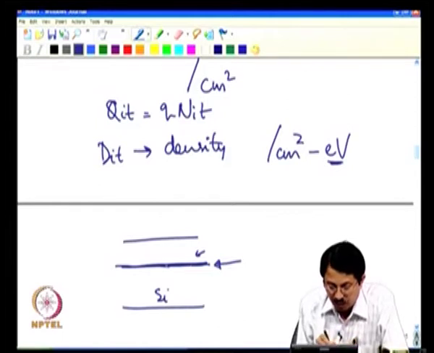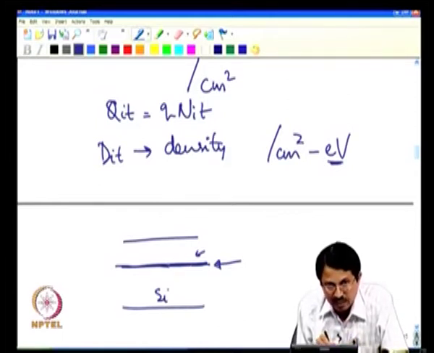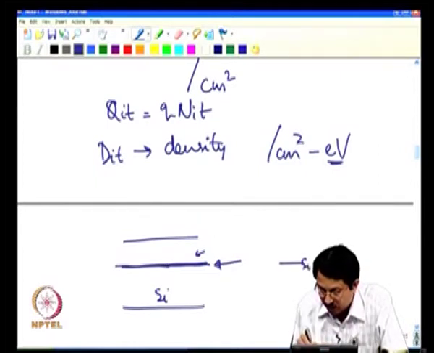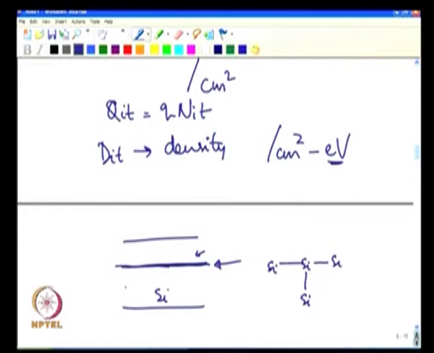Now, again if you see at this interface, you have a lot of non-idealities. You have some silicon atoms sitting here. The silicon was happily sitting here bonding with 4 neighboring atoms, but here you do not have a silicon, so here you have what is called a silicon dangling bond right at the interface.